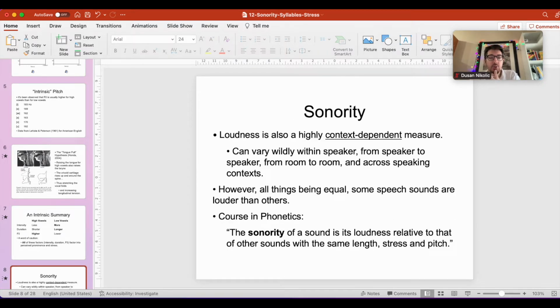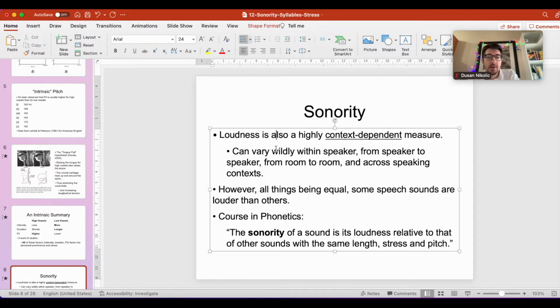This brings me to sonority. Sonority is defined in different ways, but a course in phonetics books defines sonority as loudness relative to that of other sounds with the same length, stress, and pitch.